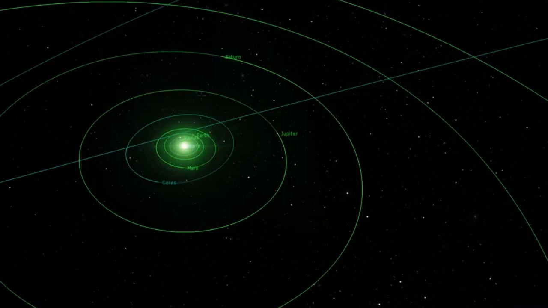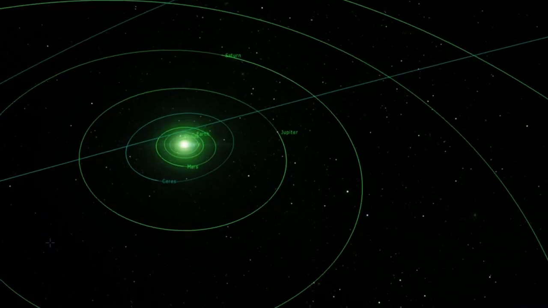So if Saturn falls down because of the gravity, Saturn would move right away here, and then it would go like this, and it would keep on moving.